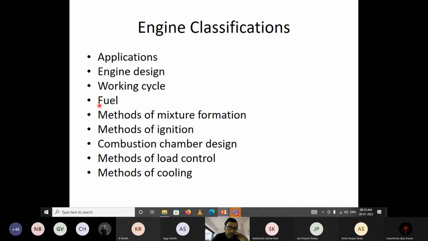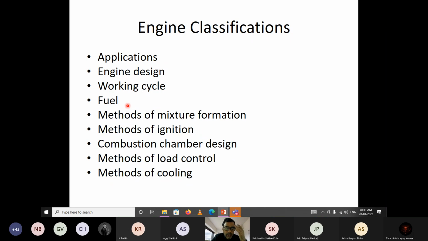Based on the fuel, depending upon what kind of fuel you are using in the engine, we can also divide it, whether it is a gasoline engine or petrol engine, or a diesel engine. These are the two mainly seen in your daily life.